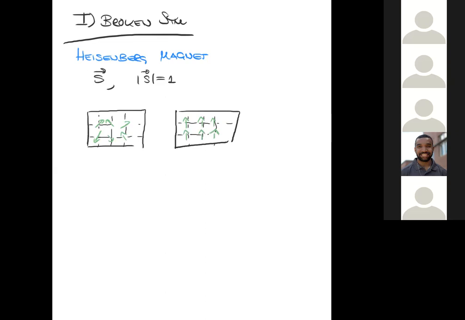So this would be unmagnetized, and this would be magnetized.